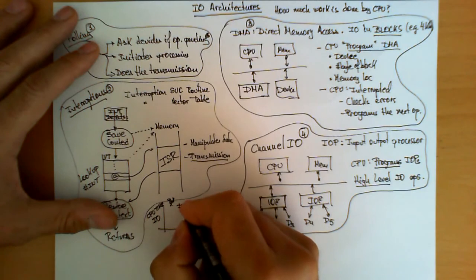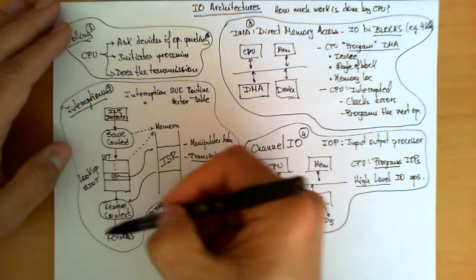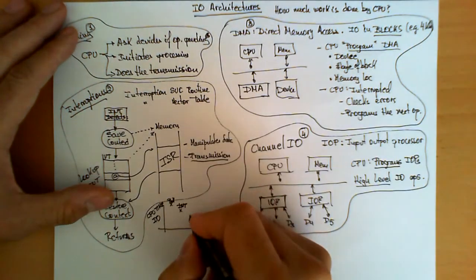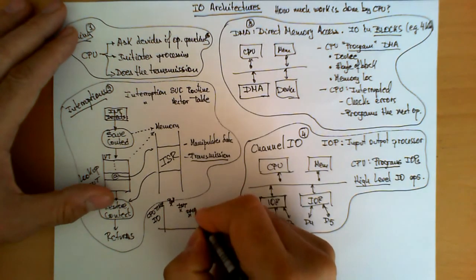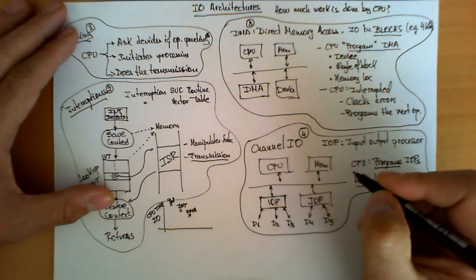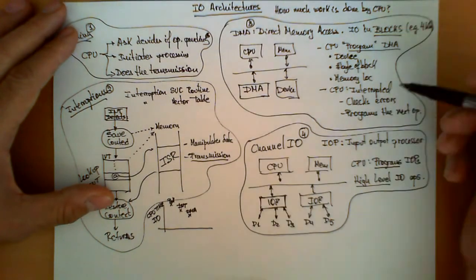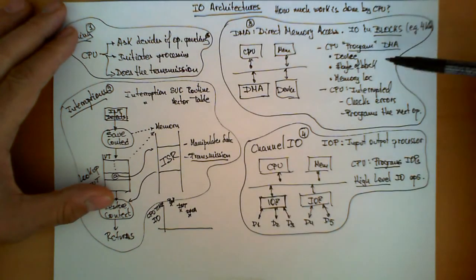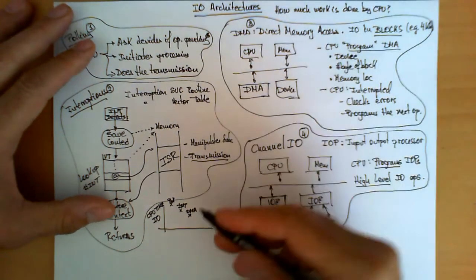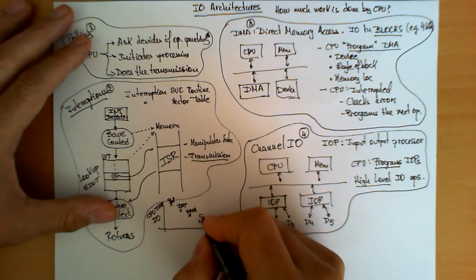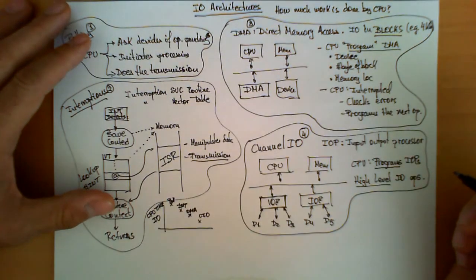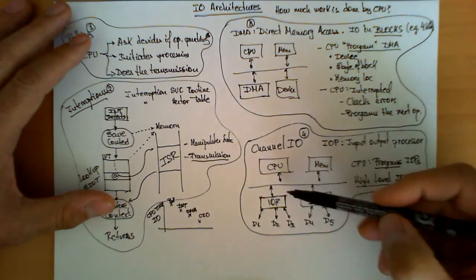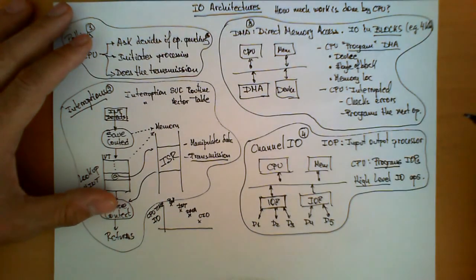Interruption would be slightly lower because the CPU doesn't have to go and ask devices if they are ready. DMA would reduce the amount of time that the CPU dedicates to input-output because it takes away all the complexity of transferring blocks between the device and memory. And finally, channel input-output would be the lowest one in CPU time devoted to input-output because these microprocessors are capable of executing fairly sophisticated or high-level input-output operations.